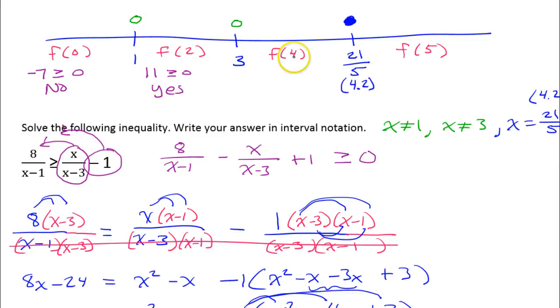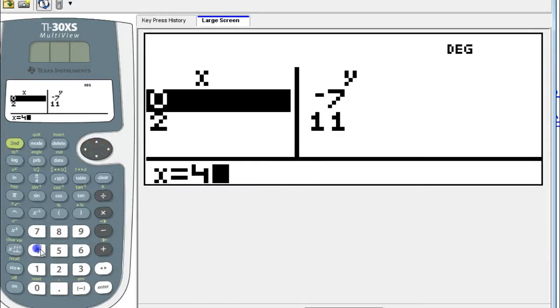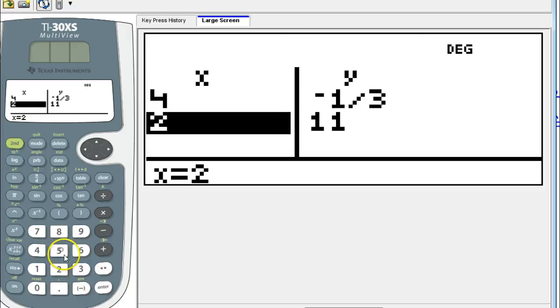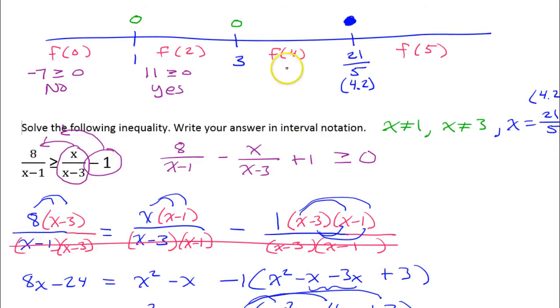Okay, now let's check out 4 and 5. Alright, so I have -1/3 and 1/2. Is -1/3 greater than or equal to 0?